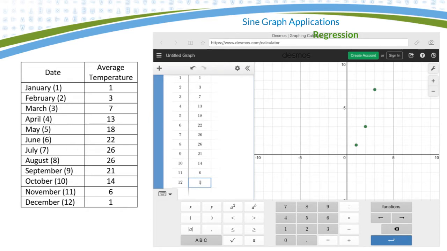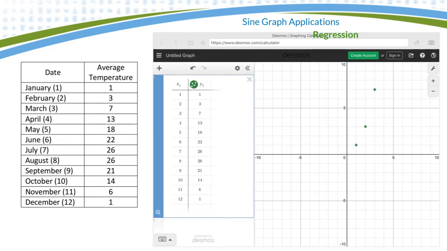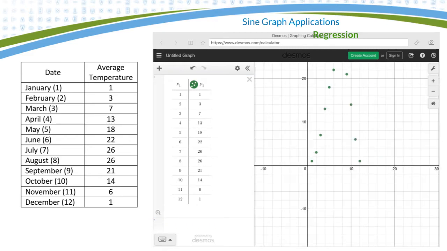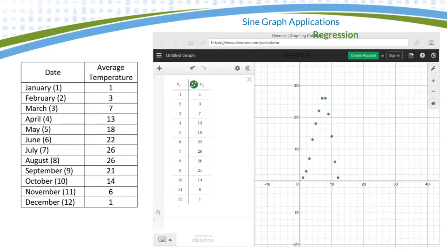Okay, so here in Desmos, if I just move my graph a little bit, you take a look there, and it looks like there's some kind of pattern happening in the temperatures. And what I'd like to do is to get some kind of a function that describes that pattern, and if I can describe that pattern, then I can guesstimate, or I can predict what a temperature might be in the future on a specific time.